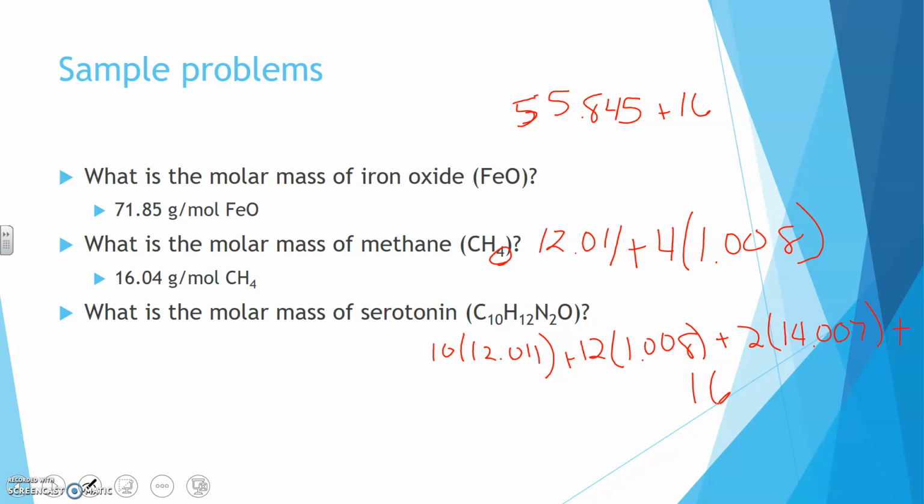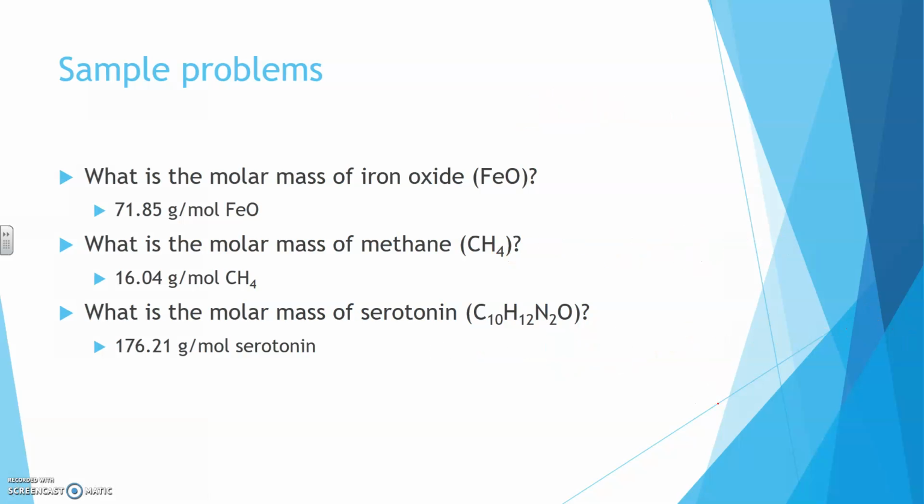So 10 times 12.011 plus 12 times 1.008 plus 2 times 14.007 plus 16. You add all of that up, you end up with 176.21 grams per mole. It's the molar mass of serotonin.